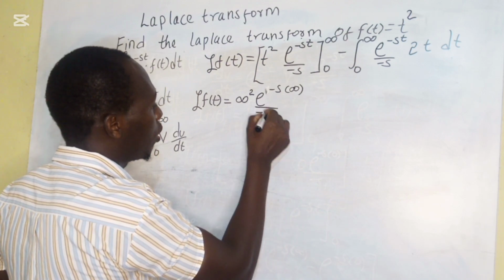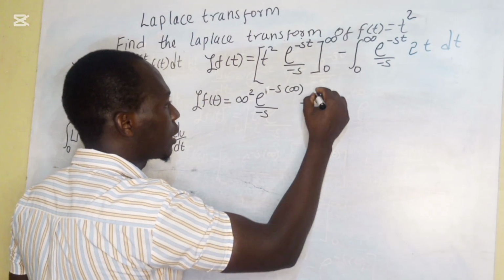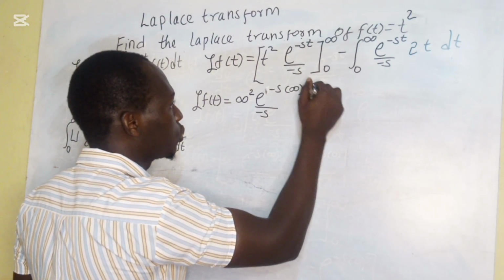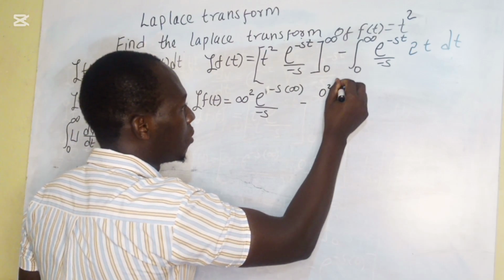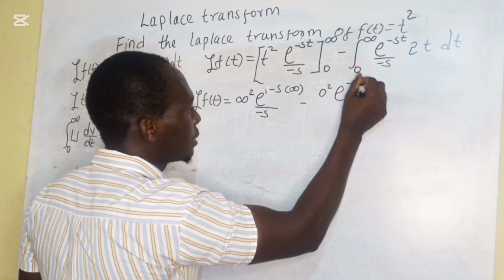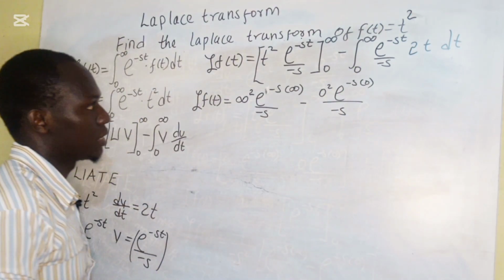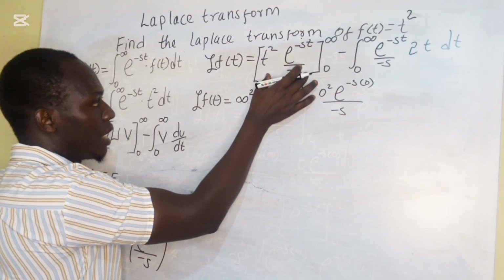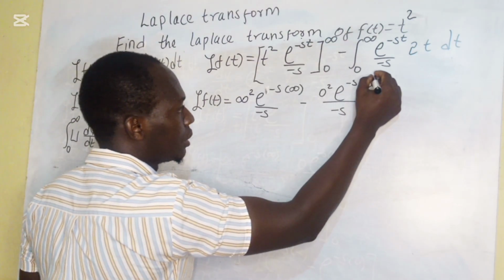This one is going to be all over negative s. We come and subtract the lower class limit. The lower class limit is going to be 0 squared exponential negative s 0 all over negative s. Now we are done with our class limits in this bracket.